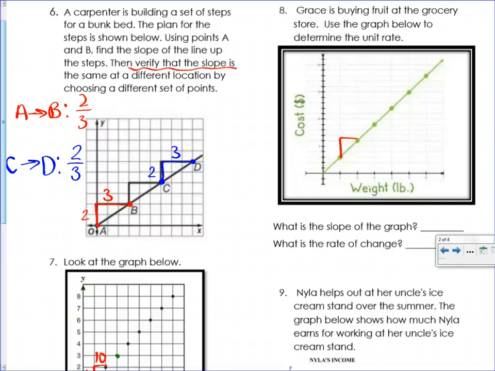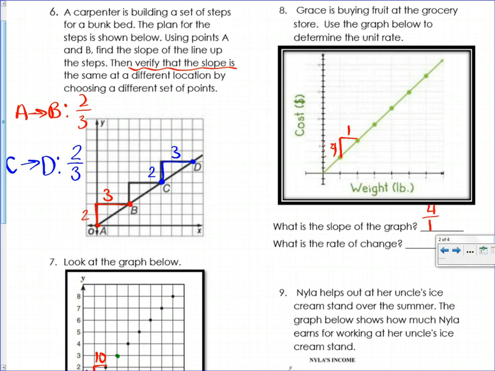So here we went up 1, 2, 3 lines. No, 4 lines, and we went over 1. So my slope for this graph is going to be 4 over 1.